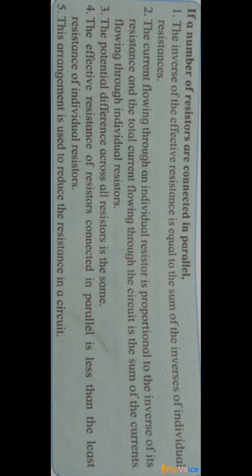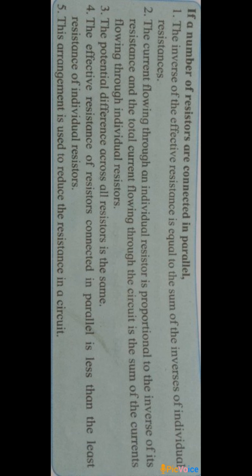Third, the potential difference across all the resistors is the same. Fourth, the effective resistance of resistors connected in parallel is less than the least resistance of the individual resistors. This arrangement is used to reduce the resistance in a circuit. So these are the 5 characteristics of resistors connected in parallel.